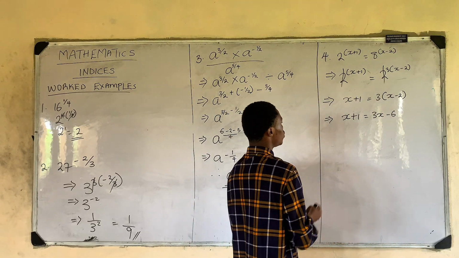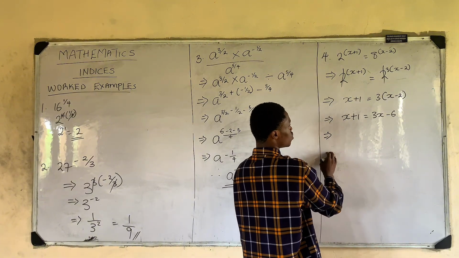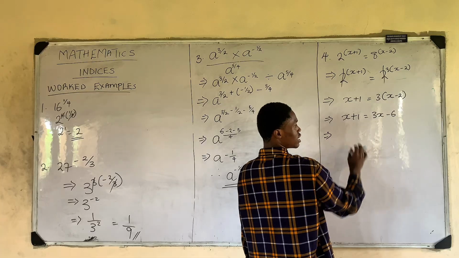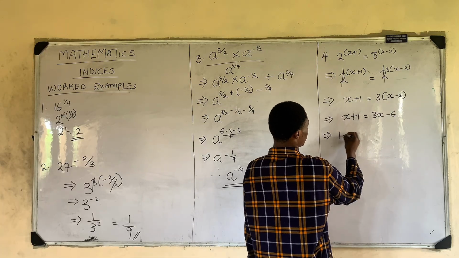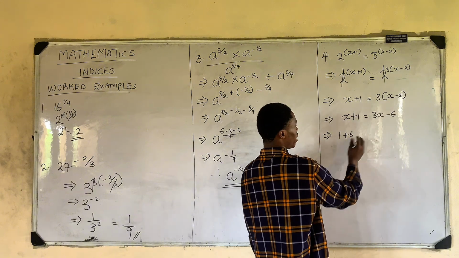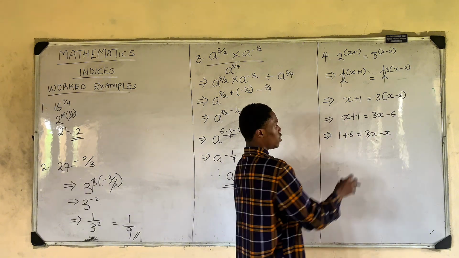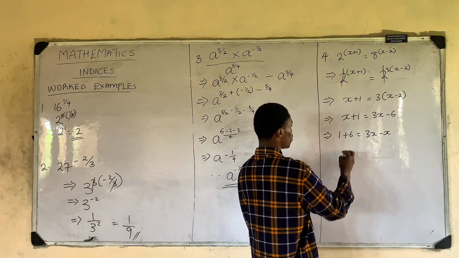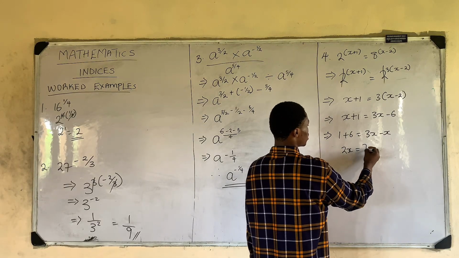So we have to collect like terms. Collecting like terms, we have, let's collect these like terms, right? We have 1 plus 6, this will come over here, equals to 3x minus x. 3x minus x, we have what? 2x equal to 1 plus 6, we have what? 7.